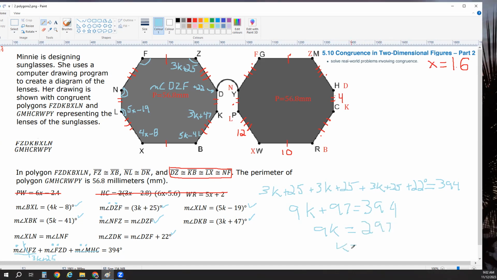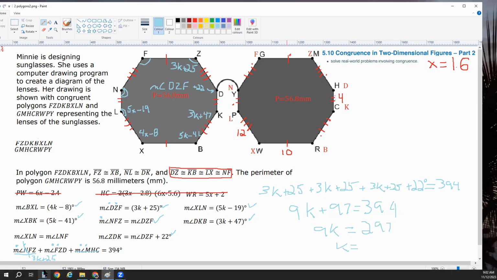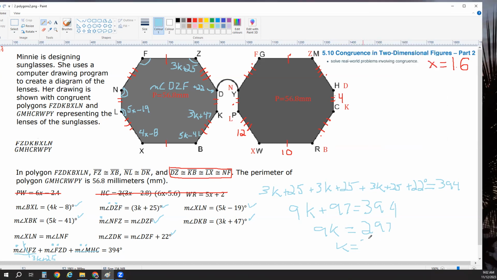K is going to be equal to 297 divided by 9. That's 33, a nice round number. Okay, 33. All right, so now I just plop in K for all the values that I don't know.